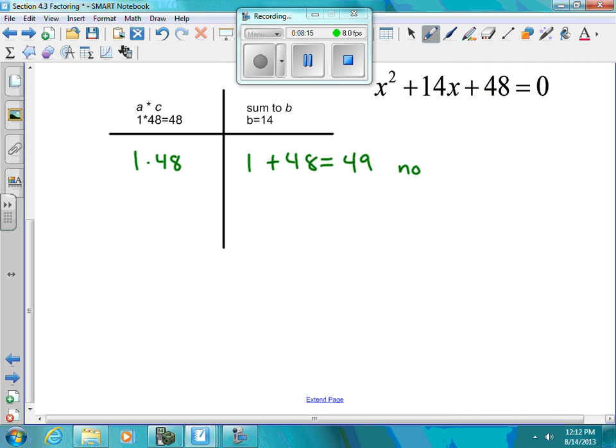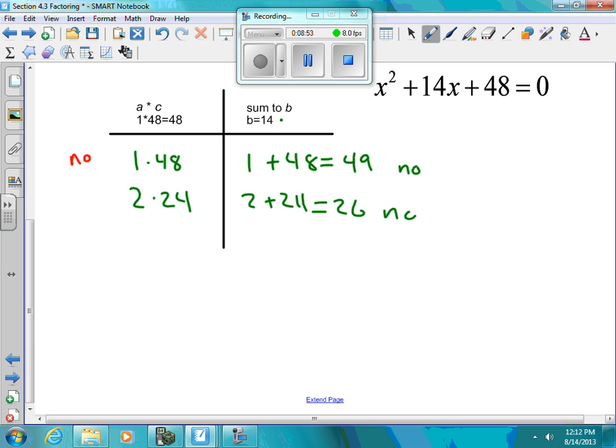So this is not a combination. 1 and 48 do not work, so we mark it no. So we pick another combination, numbers that multiply together to make 48 and add to make 14. Well, let's see, 2 is an even number. 2 times 24, well, 2 plus 24 is 26, not 14, so it's another no.